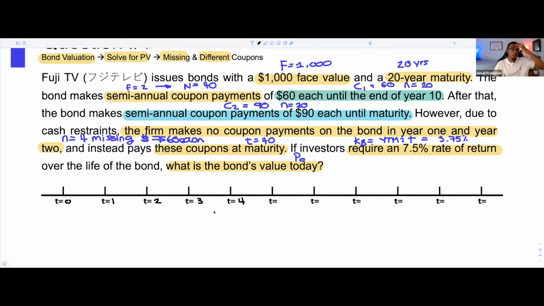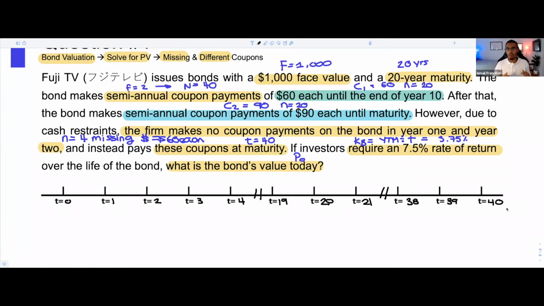The reason why I put the first 4 timeline points is because we know that the first 4 payments will not exist. I just really want to visualize that for y'all. Then we could skip a few years to 19, 20, 21, and then skip a few years to 38, 39, and 40.